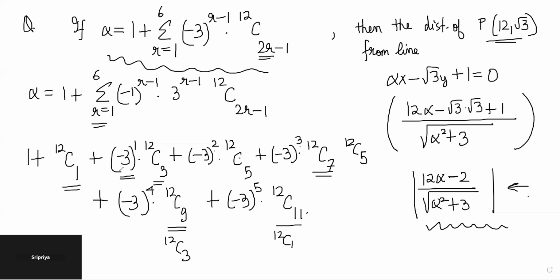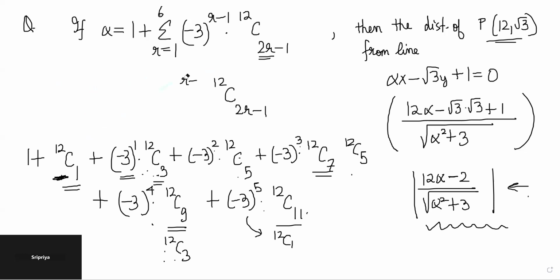So I'm getting 12c1, 12c3, 12c5 two times, and 12c3 two times, 12c1 is there once, and 12c1 is here also. So actually just 12c5 and 12c3 we need to calculate. That's it. 12c3 and 12c5 are not very difficult for me to calculate. I will calculate and get the answer.